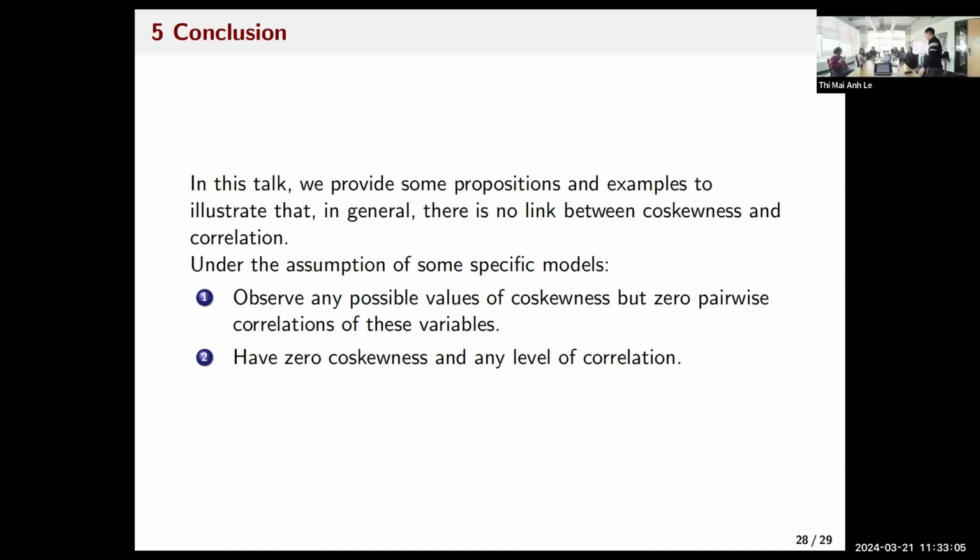I just want to suggest that when you use the relationship between coskewness and correlation, you be aware and careful about the model you use. It can be a kind of model bias: from your model you may or may not find the relationship between them. So be careful choosing the model in your paper to get the result.